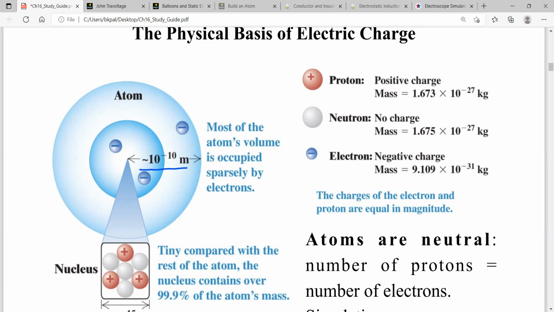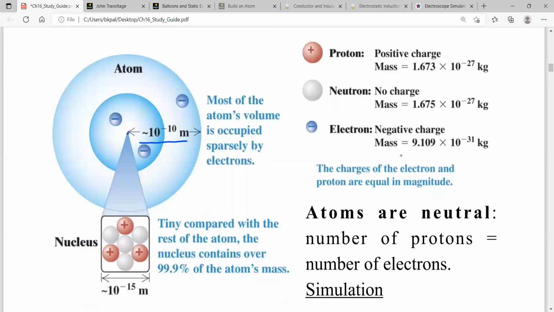At the center is the nucleus, and in this small nucleus we have positively charged protons and neutral neutrons. Outside we have the electrons. The nucleus is very tiny, tinier than the atom. The atom's diameter is 10 to the power minus 10, and the diameter of the nucleus is only 10 to the power minus 15 meter.